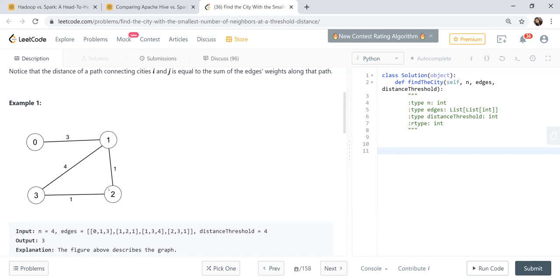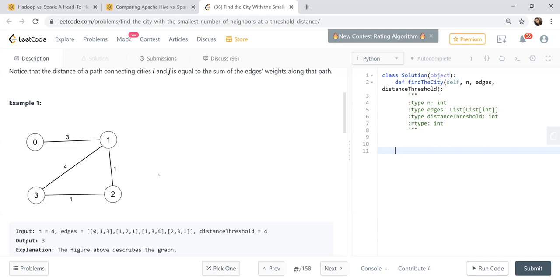What about finding the shortest path from every node to all other nodes? That's the goal here. We are not given only one source, but for each city we have to find out the neighboring cities which are under or equal to the threshold.